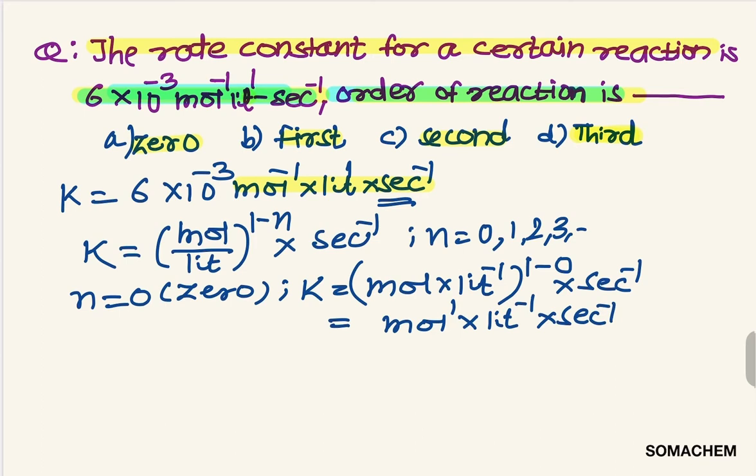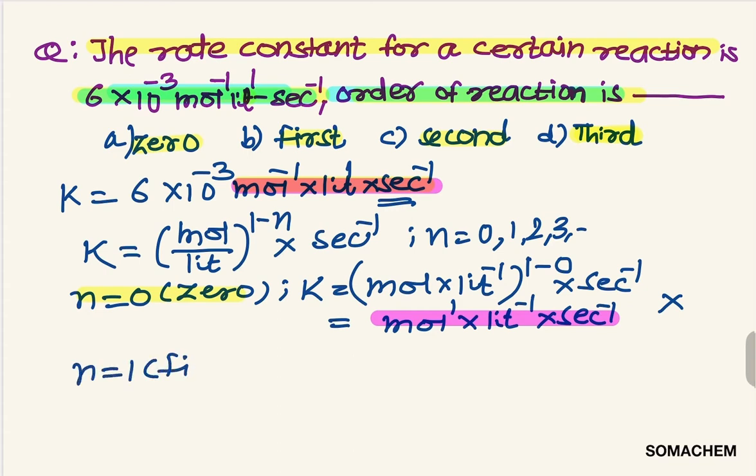So here in case of zero order reaction, what is unit? Mole to the power 1 liter to the power minus 1 and second to the power minus 1. But in this problem, what is the unit of rate constant? Mole to the power minus 1 liter to the power 1 and second to the power minus 1. That is, this is not an example of what? Zero order reaction.